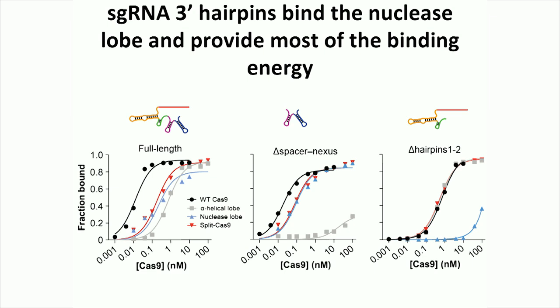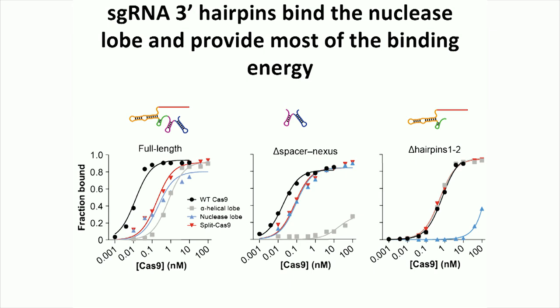The way we do these experiments is we're using an old-fashioned filter binding system where we can look at assembly of nucleic acid with these different Cas9 lobes, and we're plotting the fraction bound as a function of concentration of Cas9 polypeptide. And so what you can see is that when we use the full-length form of the guide RNA, so we've got the guide strand here and then the rest of the RNA that's important for protein binding, we get binding curves that look like this.